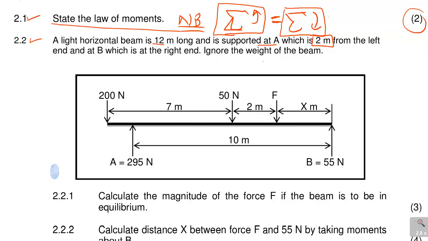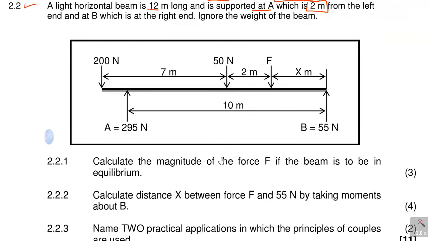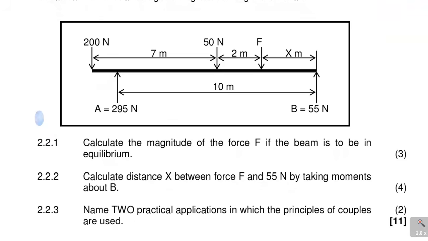You can see that we ignore the weight of the beam. So let's look at the information. Now the first question says calculate the magnitude of the force F if the beam is to be in equilibrium. So this beam is in equilibrium. They want the magnitude of that force F. Now there's something interesting they did here. They gave us a force facing down, a force facing down.